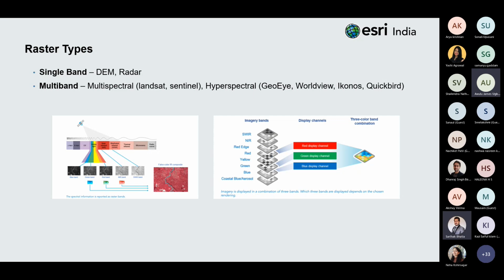On the other hand, we also have hyperspectral imagery, or hyperspectral sensors, which actually contain hundreds of bands. So the range of those individual bands is very small in comparison. An example of these sensors can be the GeoEye, WorldView, and the Ikonos or QuickBird.